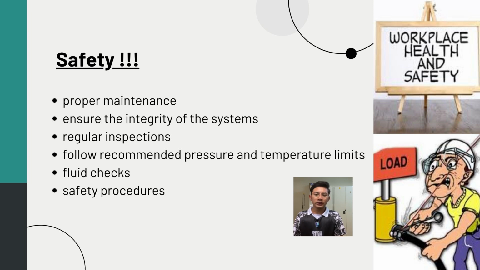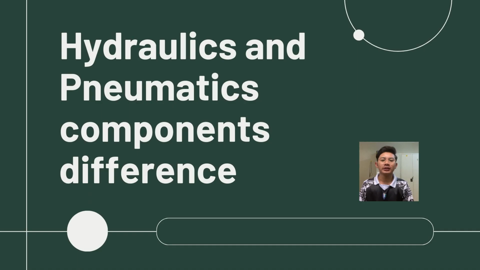We also must do regular inspections, such as following the recommended pressure, including temperature limits and fluid checks. Besides, safety procedures must also be in place to protect staff and workers from high pressure hydraulic fluid, which can be dangerous if it escapes from the system.